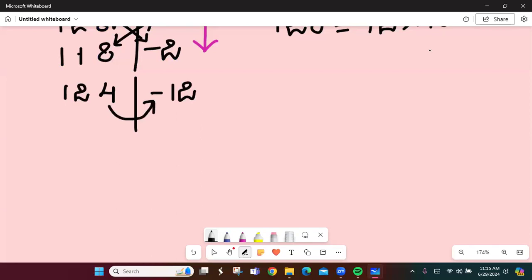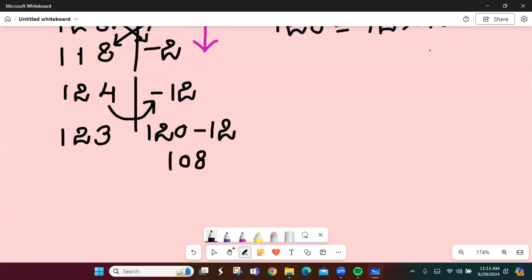But since the non-standard base is 120, 1 unit will be 120. So 124 will become 123 here, and 1 unit is 120. So on the right side, it will be 120 minus 12. Now 120 minus 12 is 108.